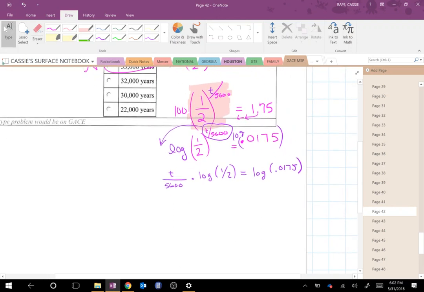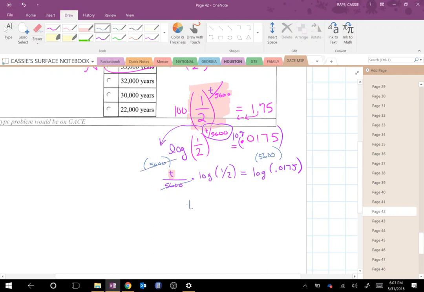Your calculator can do those easily. I first need to isolate t, so I'm going to multiply both sides of this equation by 5,600.